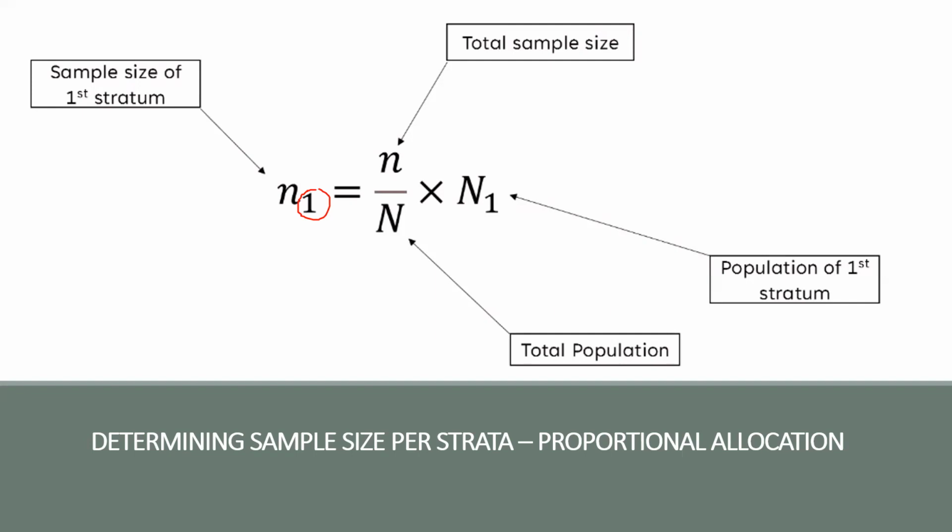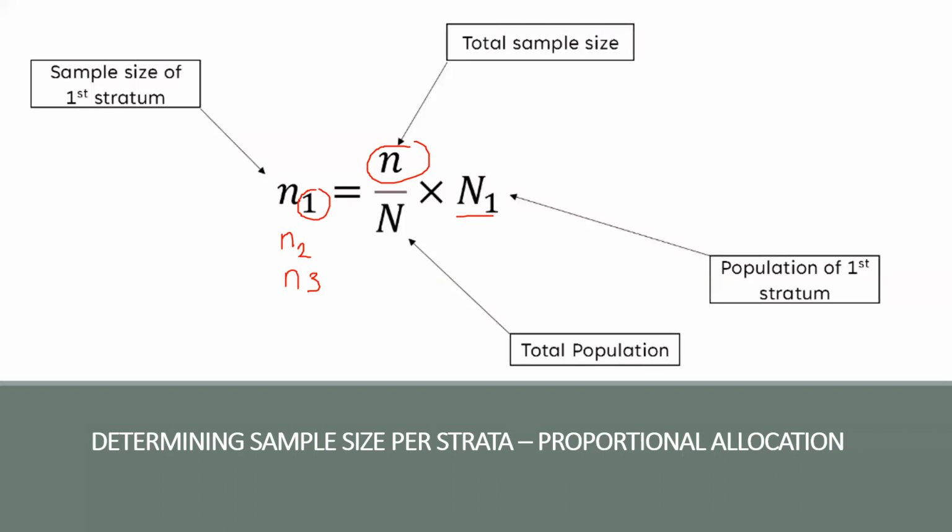So let's say that you have 3 subpopulations, then you have n sub 2 and n sub 3. This is equivalent to the total sample size. So this is for the totality. Usually, this is given divided by your total population multiplied by the population of your first stratum.